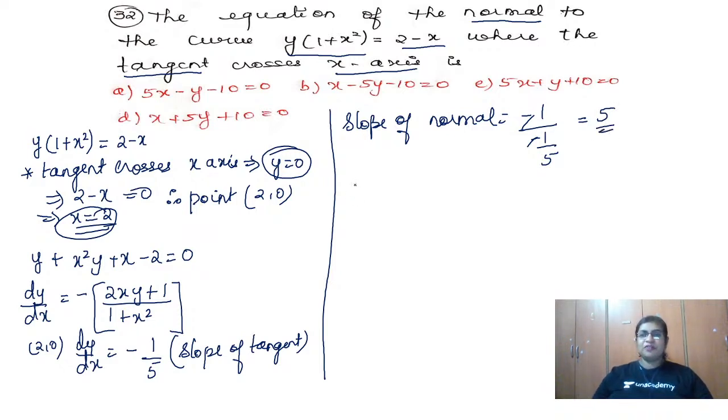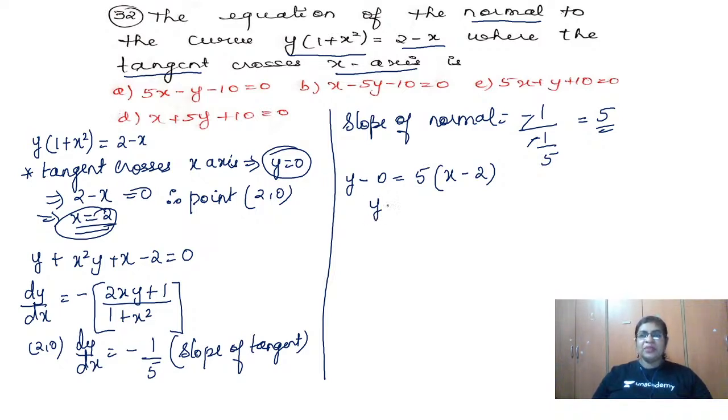Once you get the slope of the normal, you know how to find the equation of the normal. What is the equation of the normal? y minus y1. The point is now 2, 0. So y minus 0 is equal to slope 5 into x minus x1, which is 2. So simplify and check which option satisfies your answer.